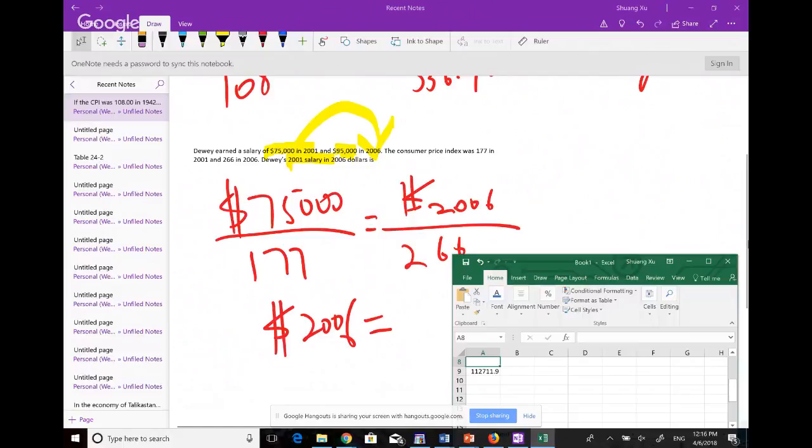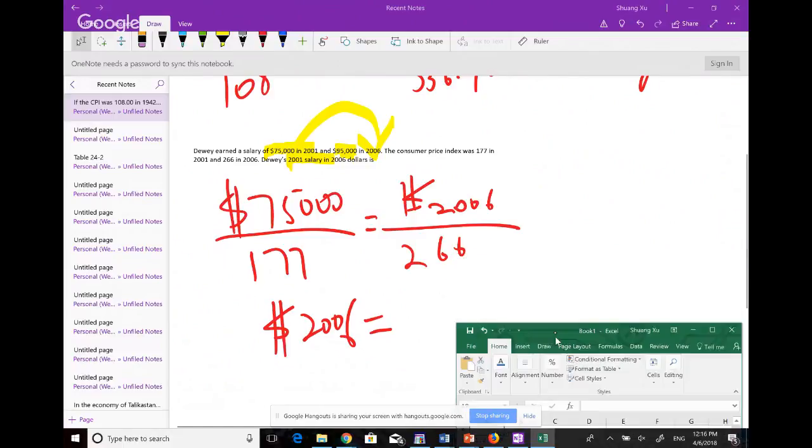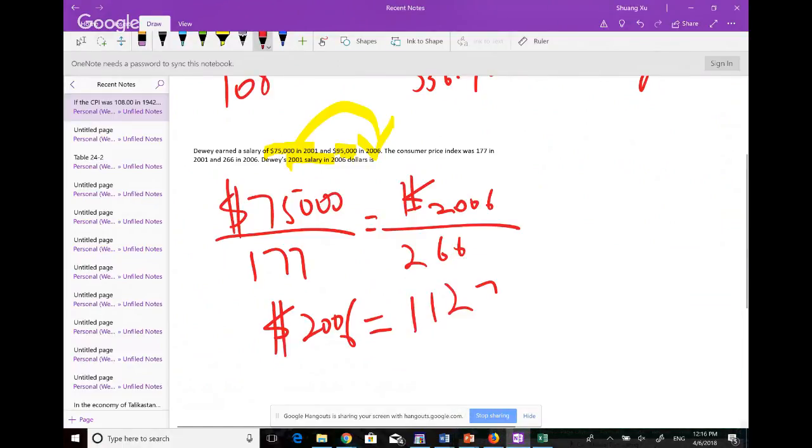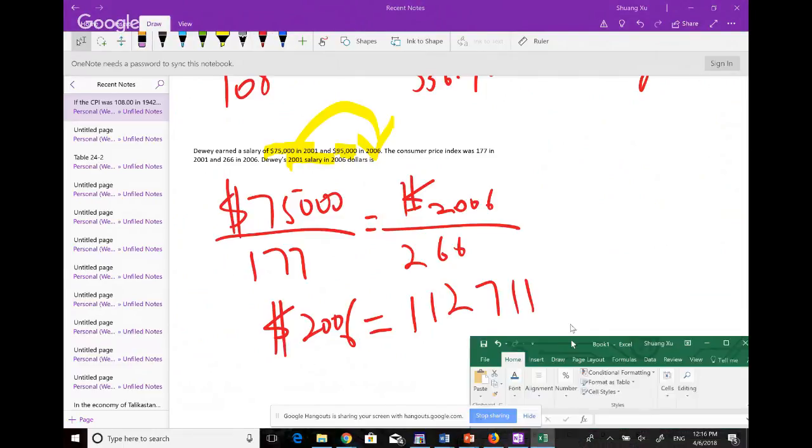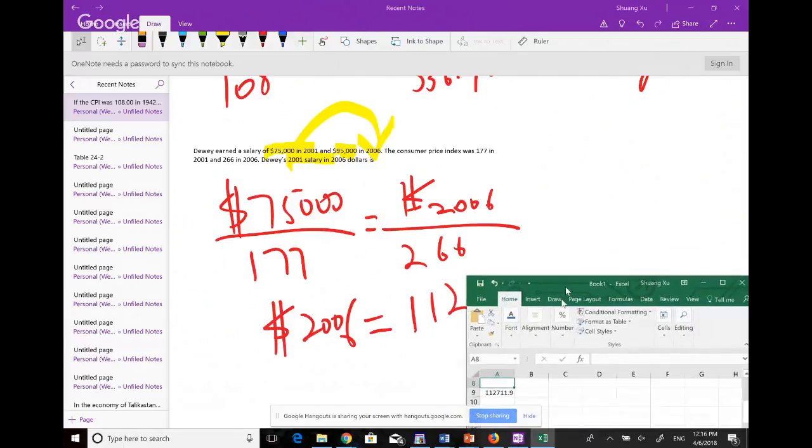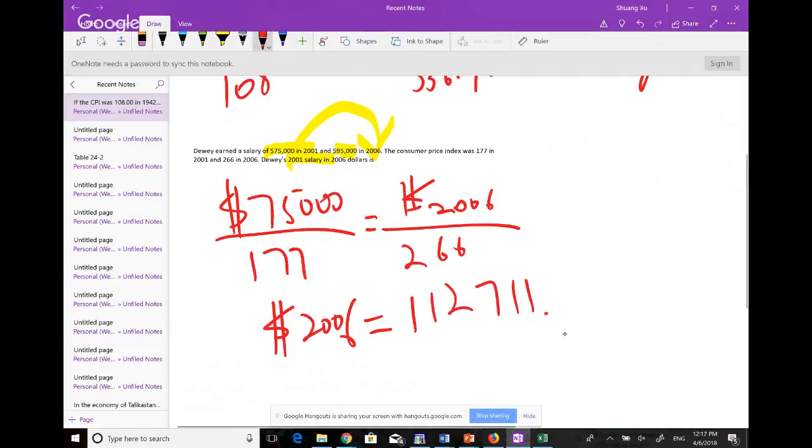The answer should be 112,711, and always keep 2 decimals, which is what's my decimal? 0.9. So 0.90. So that is the equivalent value of your 75,000 in 2001. That's how much it is in 2006, but this guy's only making 95,000, which means that his 2001 salary was actually higher in purchasing power compared to his 2006 salary. Okay, all right.